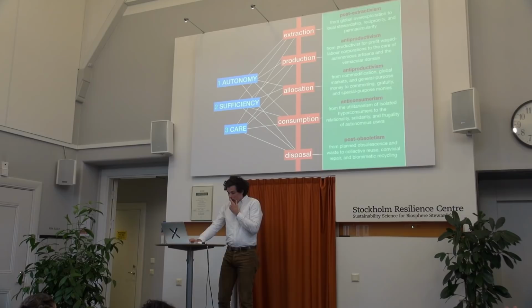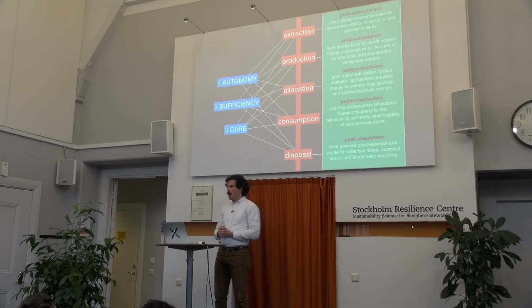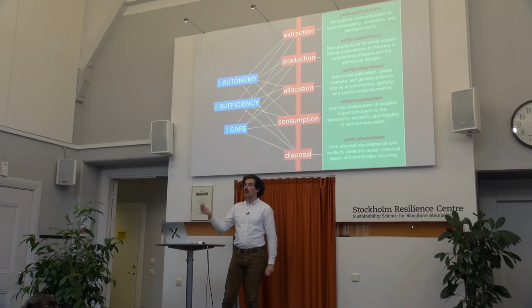First one, autonomy. The most common phrase in the degrowth literature is decolonize our imaginary. That's what every degrowther repeats: the goal of degrowth is to decolonize our imaginary. What this means is basically that our imaginaries may be colonized by certain desires we don't want.